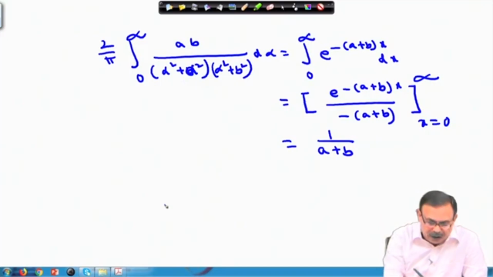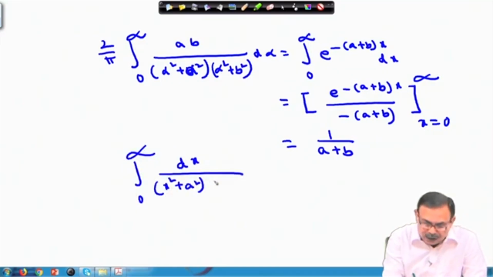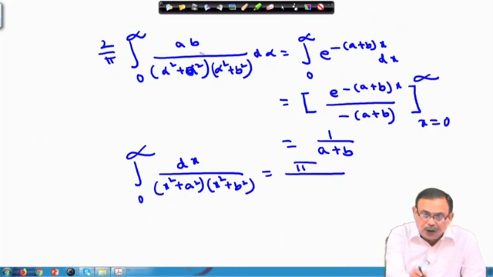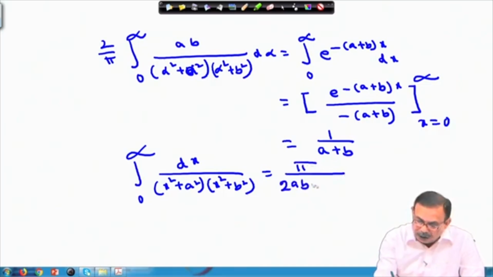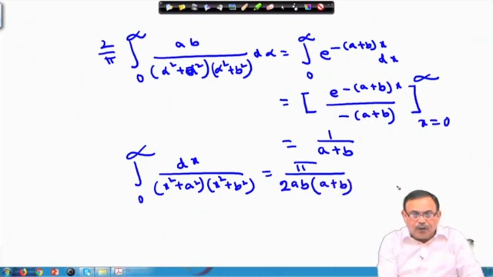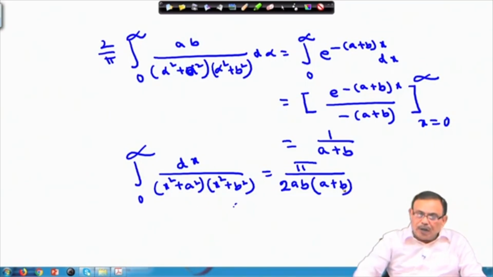Now, replace alpha by x here. So, we will obtain 0 to infinity dx by x square plus a square into x square plus b square equals pi by 2 a b into a plus b, since pi by 2 comes on this side and a b comes downward on the denominator into a plus b. So, the value of the required integral is pi by 2 a b into a plus b.